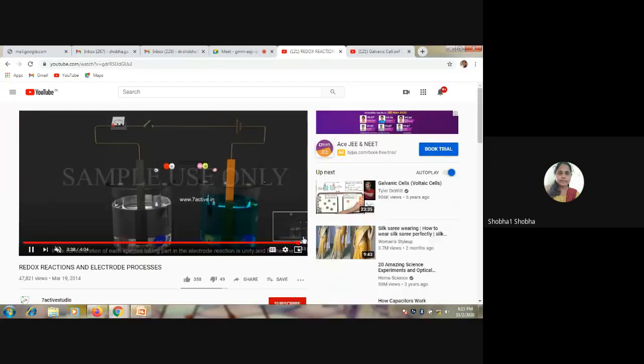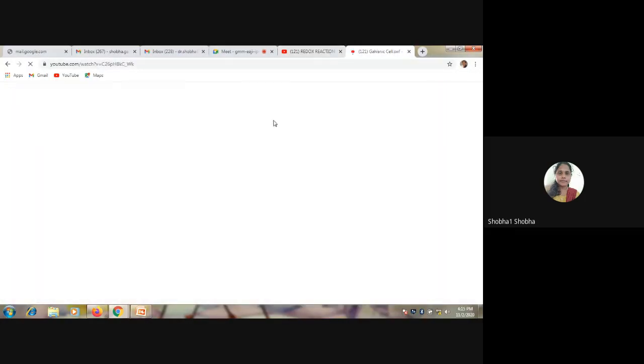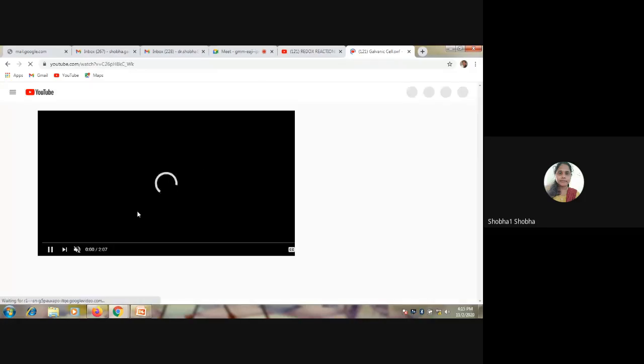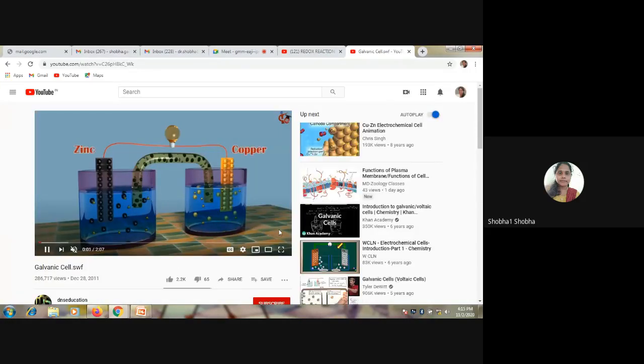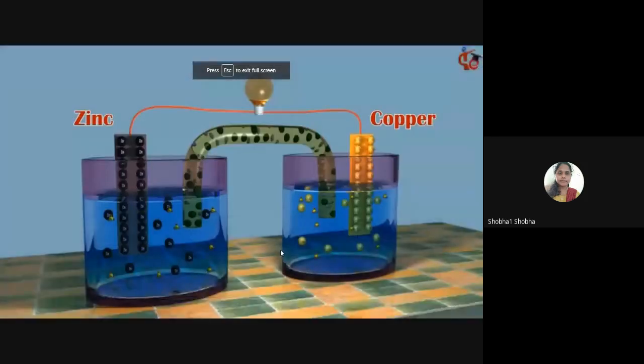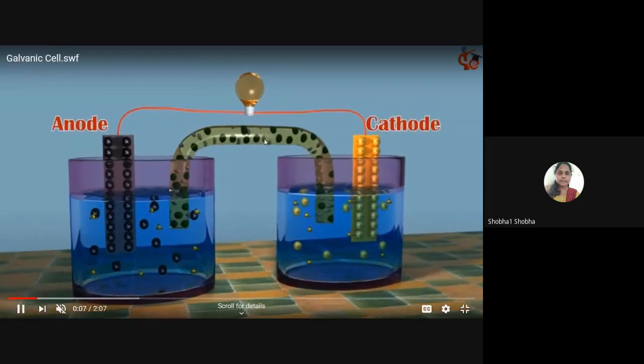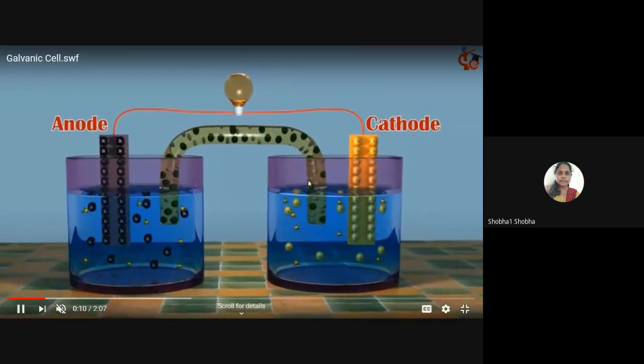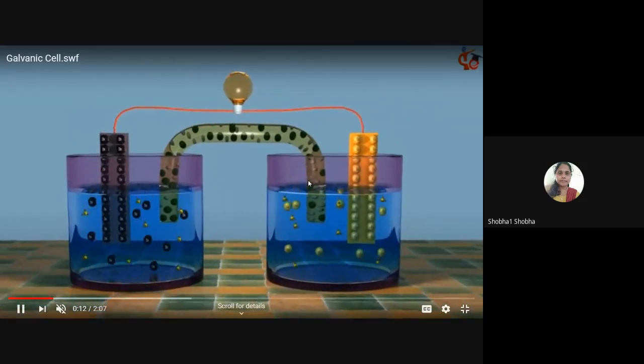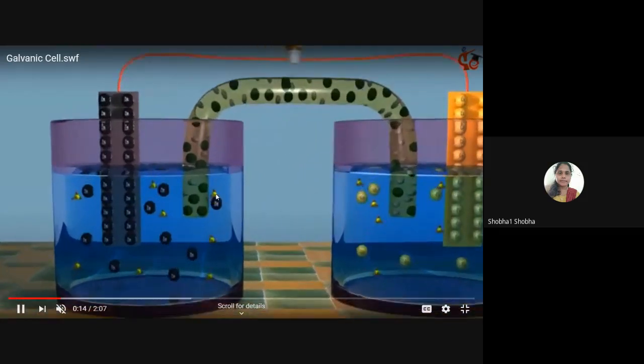Okay, another one I want to show you. You can find many videos, whichever is convenient to you, you can use. See here, zinc and copper. This is the anode, this is the cathode, and see the arrangement.